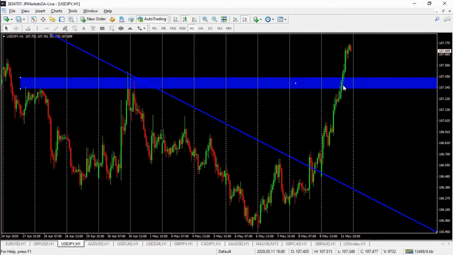So there was a breakout, and this candle was already a retest, but this is for if you are trading not to hold trades for a long time. If you go to a higher time frame, you will wait for that pullback to come and retest it and continue this uptrend that's happening right now.